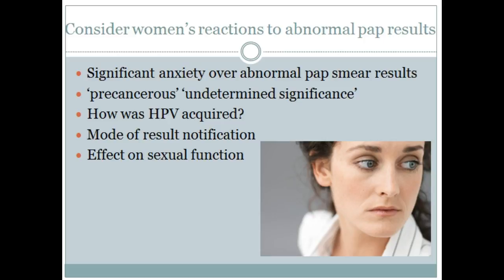I don't know that I would ever say it's worth telling her that it's worth worrying about. But I think we use a lot of terms that can sound really scary. So we say it's a precancerous lesion, or ASCUS says that it's cells with undetermined significance. And for somebody that's not familiar with healthcare, and I would say even most that are, this kind of terminology isn't particularly common or widespread.